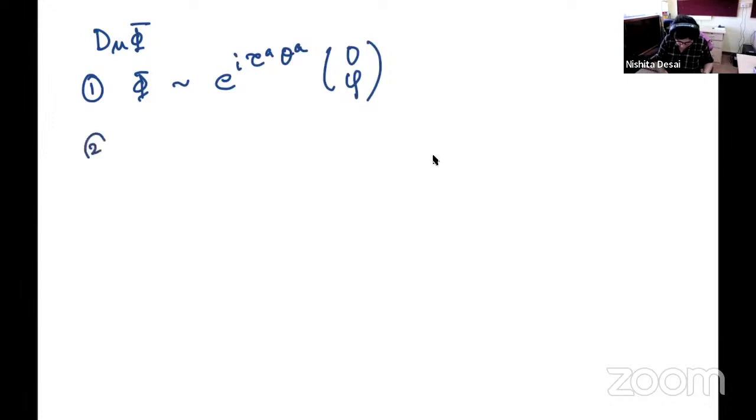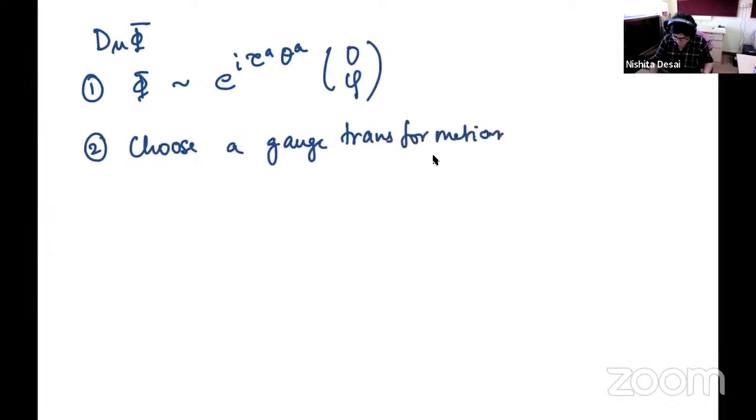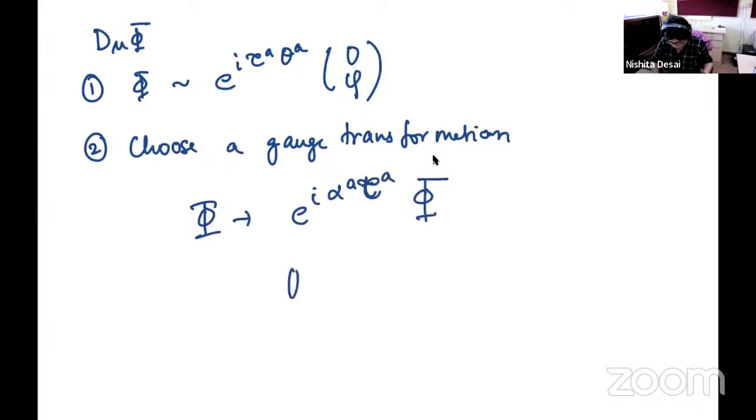And the second thing you can do is you can choose a gauge transformation. Right, so we had phi goes to e to the I alpha A tau A phi. This was our gauge transformation. And we've written phi in this form, which means you can always again choose your theta A as minus alpha A, same as before.